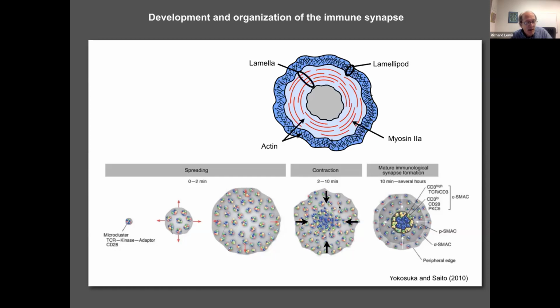The movement of actin appears to be necessary to promote T cell receptor activity and the enzymatic activity of these microclusters.